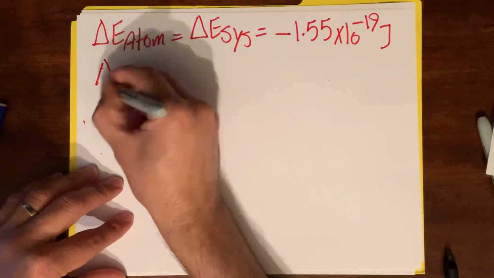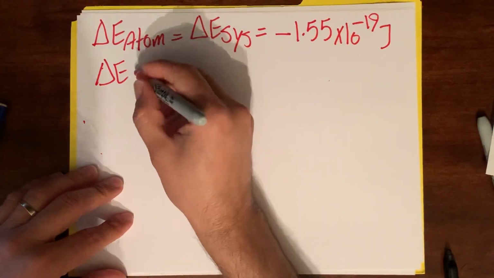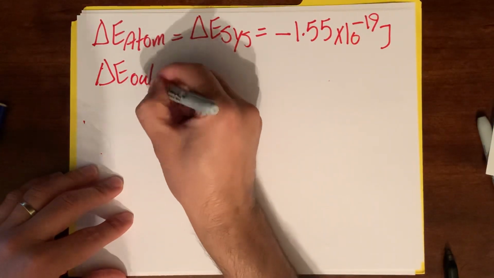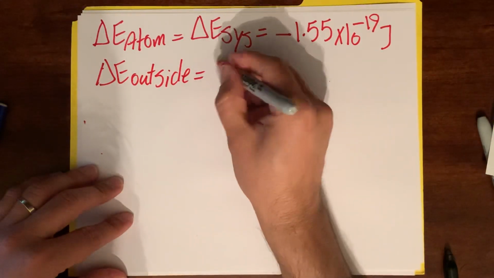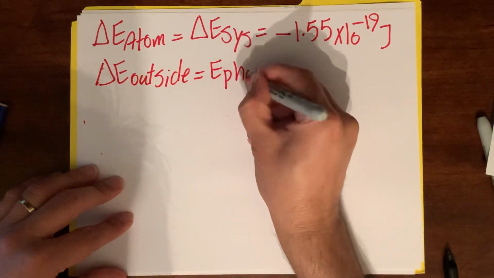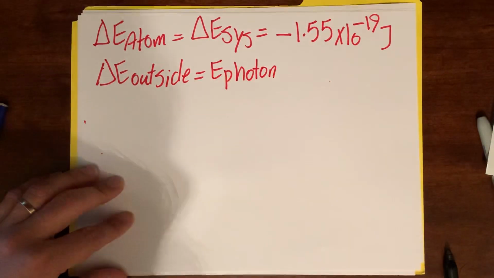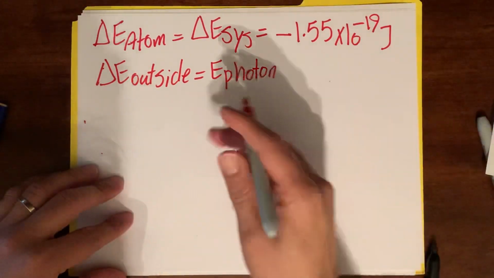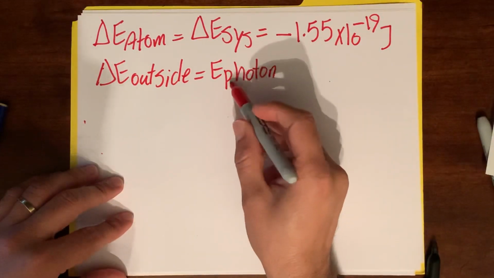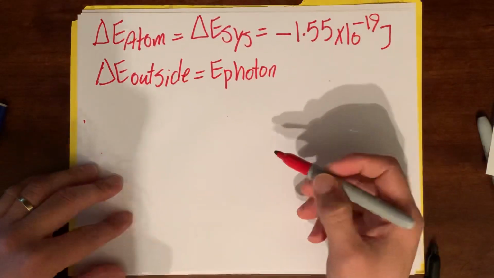And delta E of outside or surrounding is equal to energy of the photon, because that energy is going out. The energy is going out, and it's going to be the one that will be added to outside.